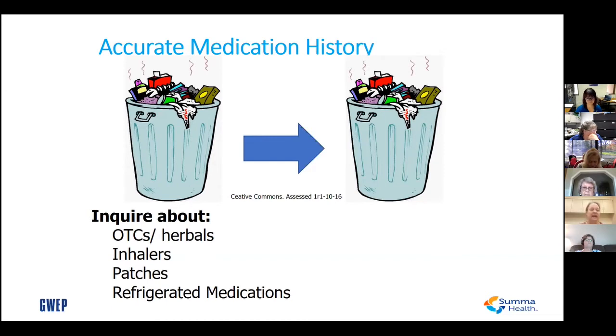Many of those can have a significant impact on our older patients, so we definitely need to know of those. Oftentimes patients won't include things they don't keep with their medication box. So inhalers, patches, and refrigerated medications are good to ask about, especially if they have a diagnosis that would make you think they may need one of those. Next slide.